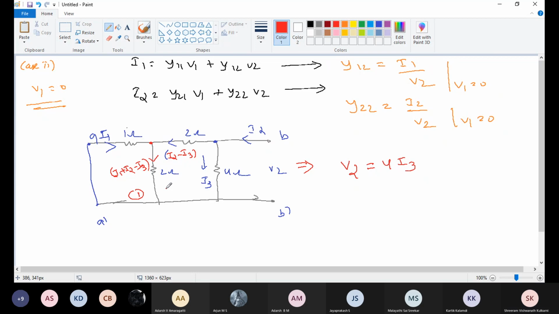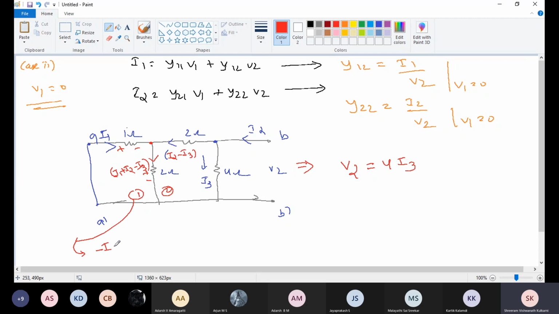Okay. Now the first loop, this loop. Okay, first we'll write this one. Minus 1 I1 for this loop.